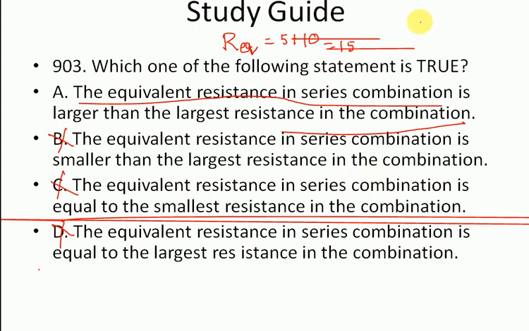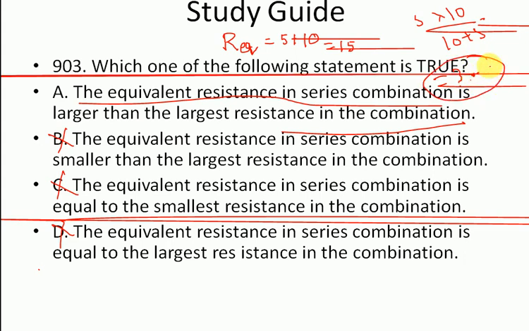If I take this 5 and 10 in parallel, what will happen? 5 into 10 by 5 plus 10, that is 50 by 15, so 3 point something ohm. Here the largest resistance is 10 ohm, so the series equivalent is larger than the largest, and the smallest resistance is 5 ohm, so 3 point something is smaller than the smallest. In the series case it is larger than the largest, and in the parallel case smaller than the smallest.